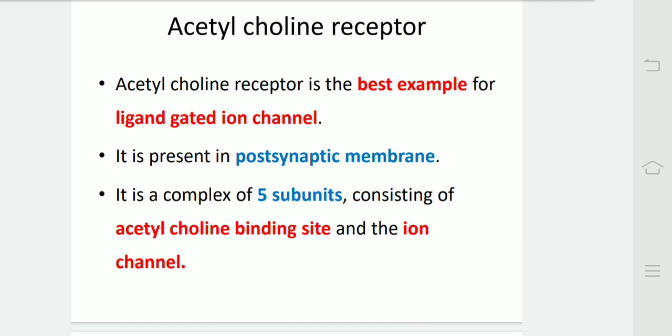Acetylcholine receptor is the best example of a ligand gated ion channel. It is present in the postsynaptic membrane. It is a complex of 5 subunits consisting of an acetylcholine binding site and ion channel.